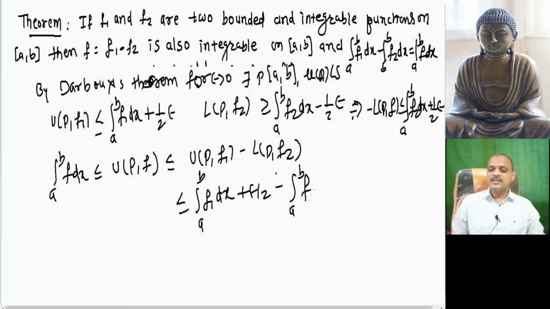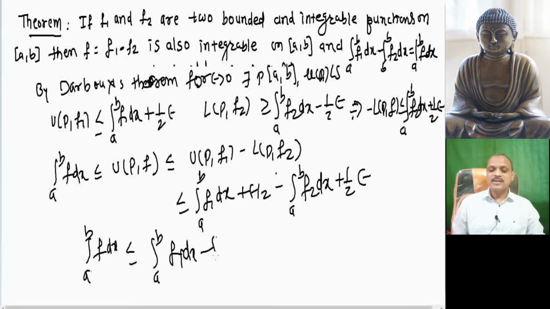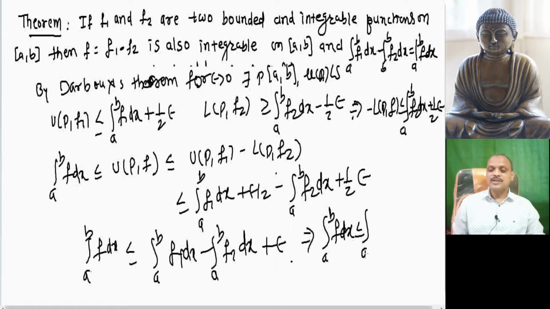So here we get integration plus 1 by 2 epsilon, and this gives us the integration from a to b of f is less than or equal to the integration from a to b of f1 dx minus the integration from a to b of f2 dx plus epsilon. As epsilon is an arbitrary number, this result is less than or equal to the integration of f1 minus the integration of f2, right?